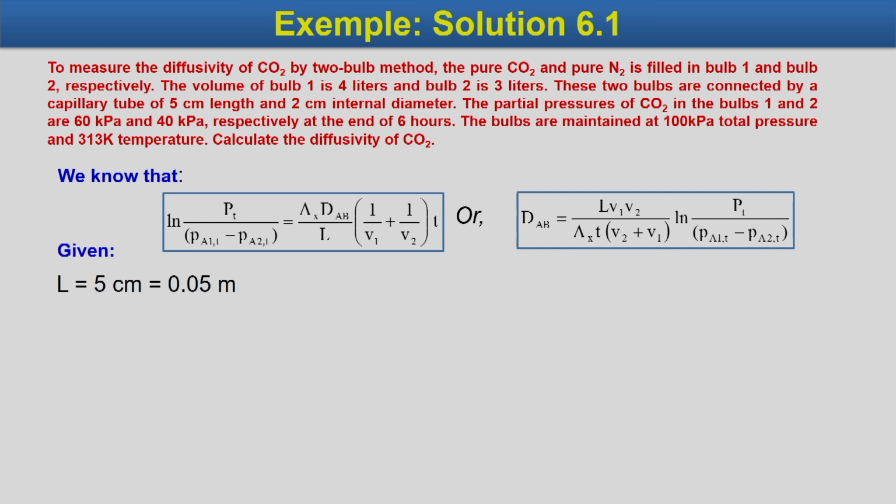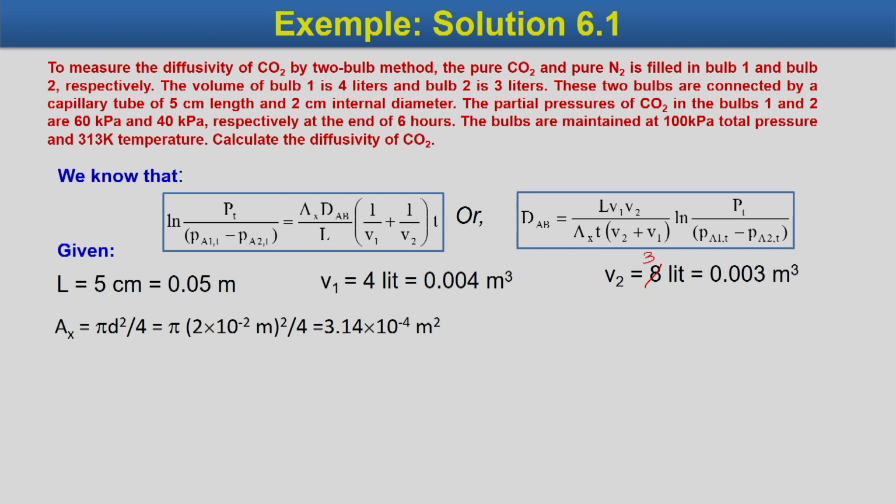The given data: the length is 5 centimeter, which is equal to 0.05 meter. V1 is given as 4 liter, which we convert to the SI unit, 0.004 meter cube. The volume of bulb 2, V2, is 3 liter, which is equal to 0.003 meter cube.